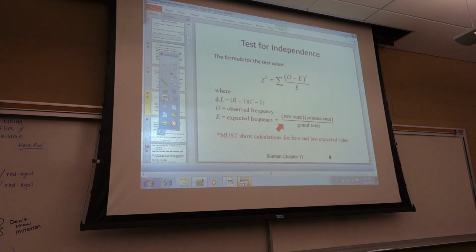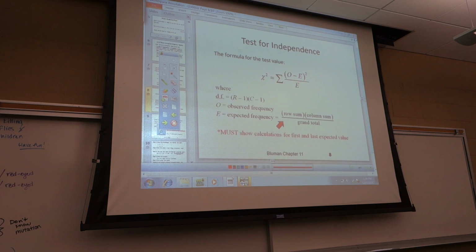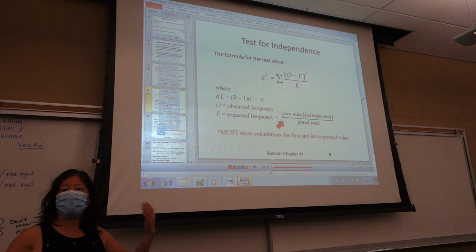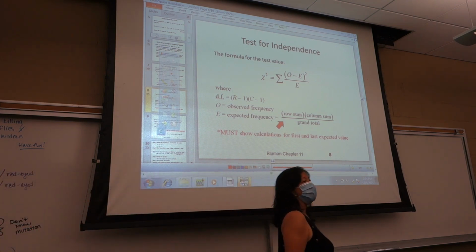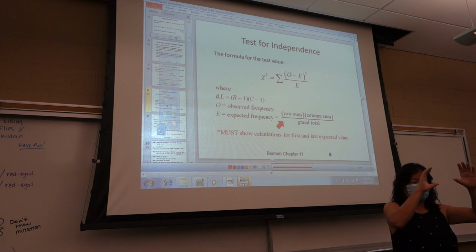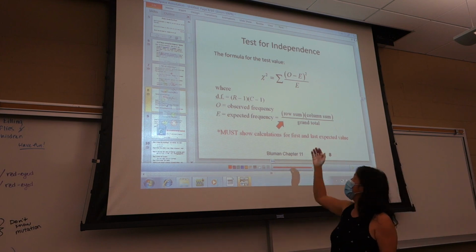The test of independence is the exact same chi-squared as your 11.1. You take every observed value for every category, subtract the expected value, square that, divide by the expected. You do that for every category, every box you have, and then you add them up.